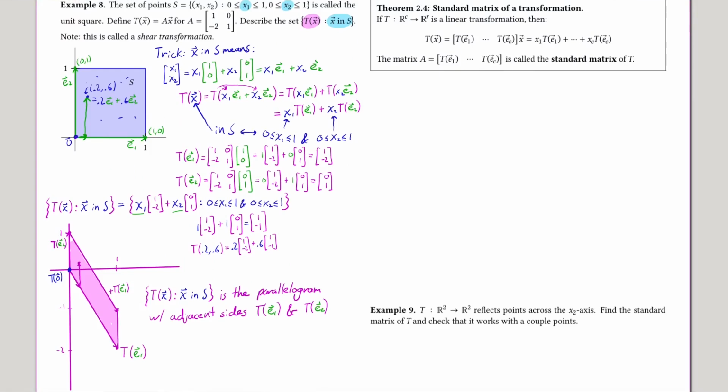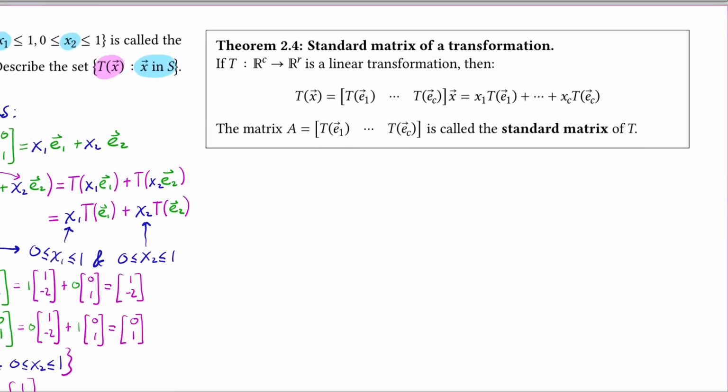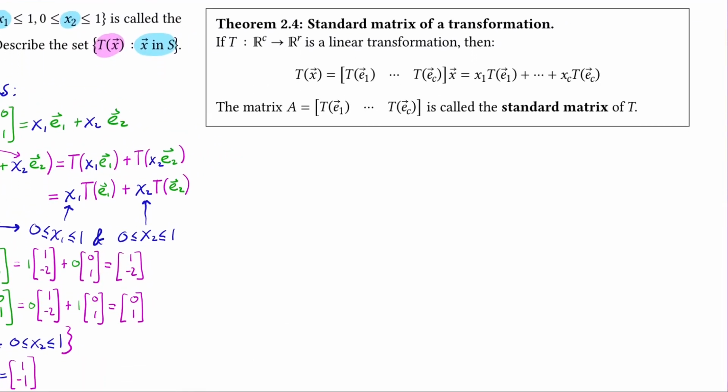Anyways, this is sort of an illustration of why Theorem 2.4 works. This says that if T from R^c to R^r is a linear transformation, then T of x is equal to this matrix times x, where all the columns are T of e1, and so on, up to T of ec.